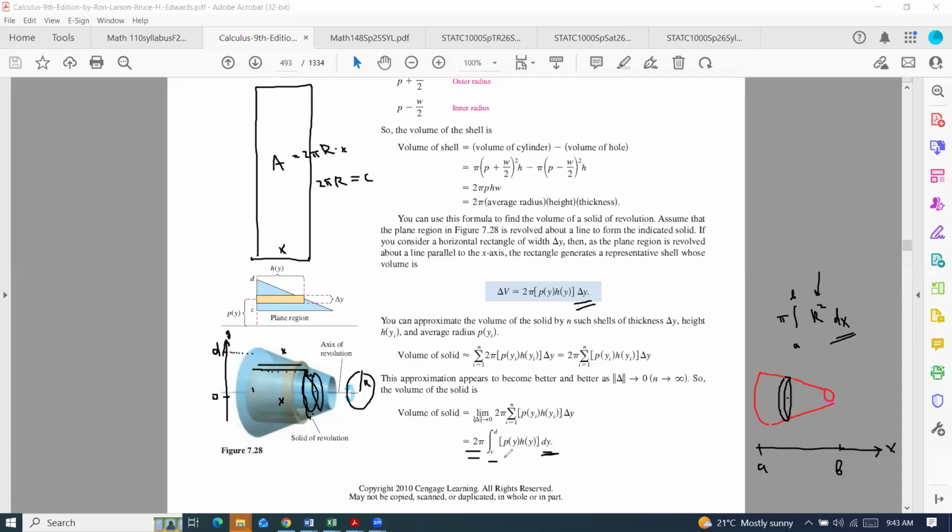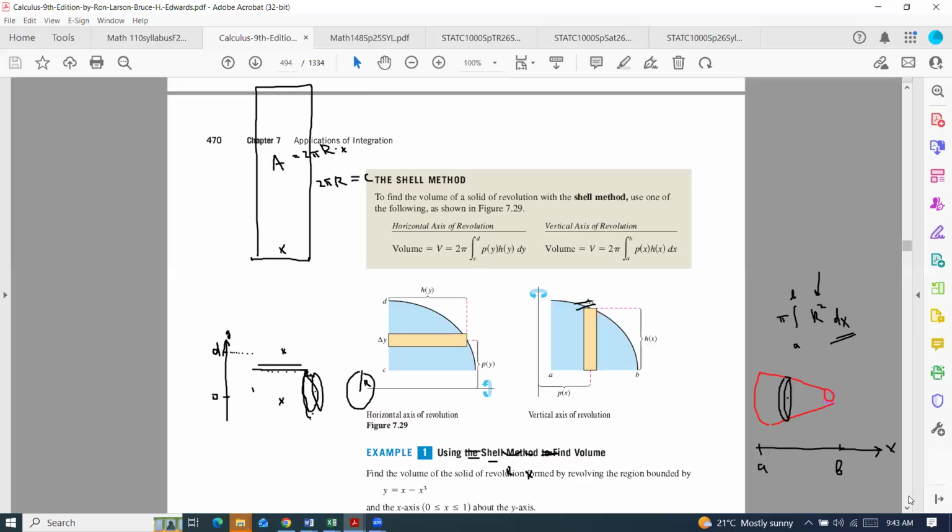And then the radius is here, and that's h of y, which is x, like that. And again, because we can change the variable of our integration. That's why we're doing it. So I guess this is the idea of the section.